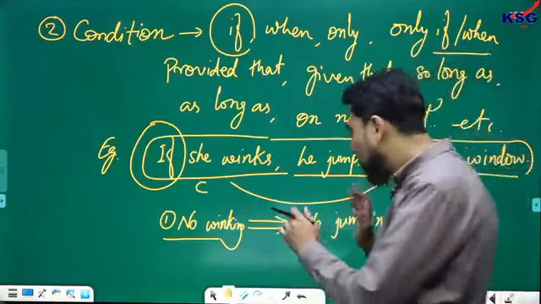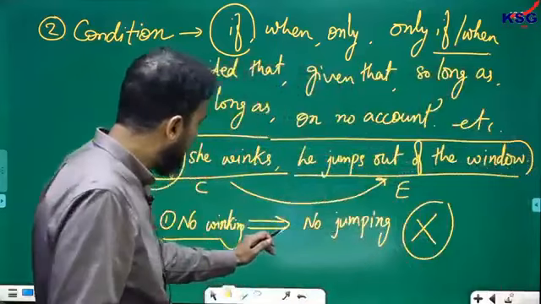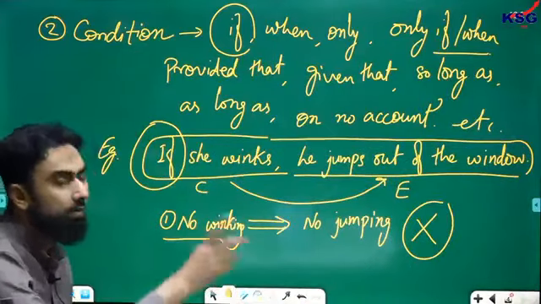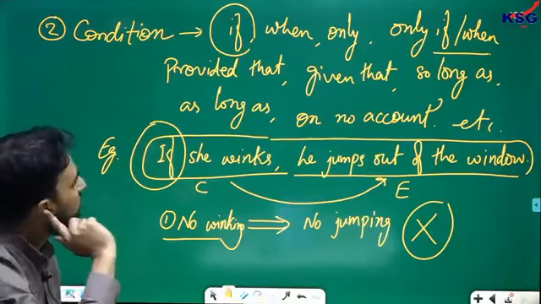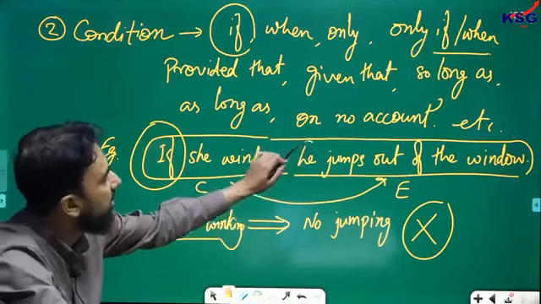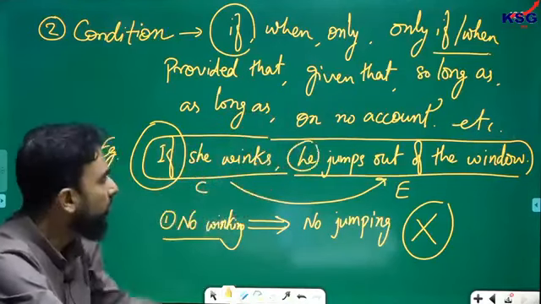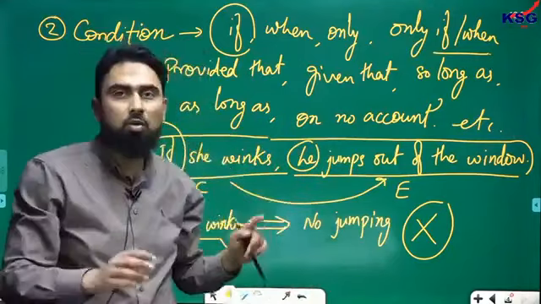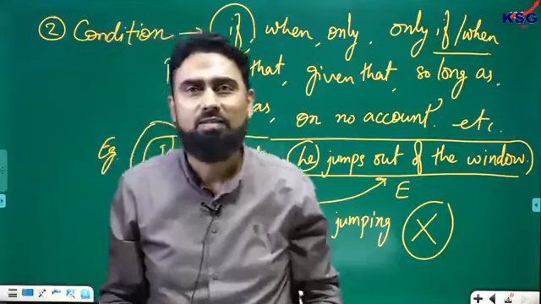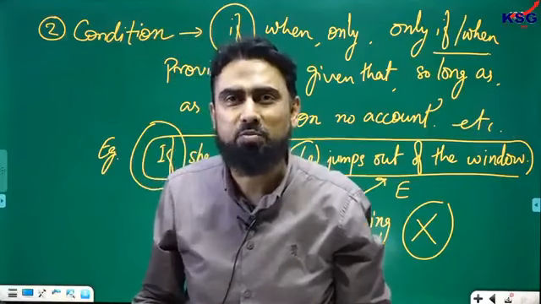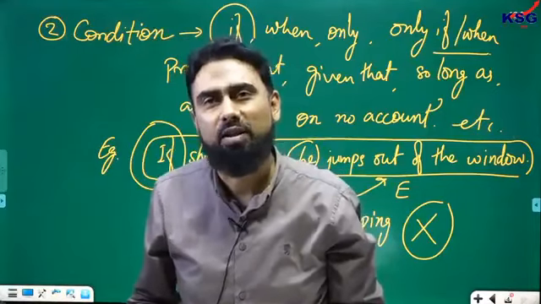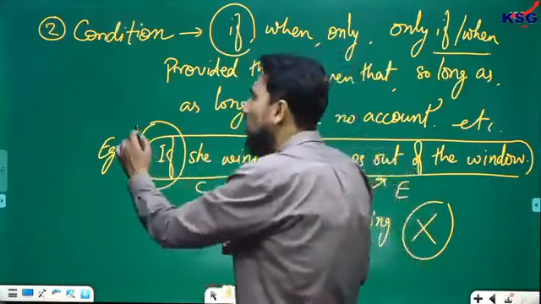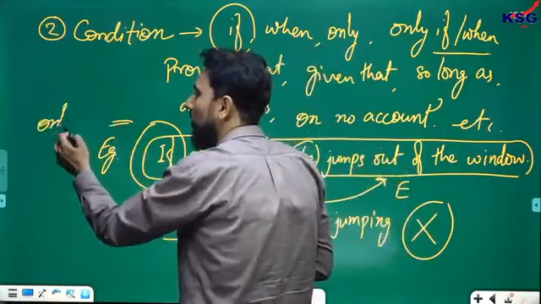All those students who have chosen this as the right conclusion have assumed one thing: that for this person to jump out of the window, winking is the only reason. There is no other cause for this person. However, that is incorrect, because the limitation of the word if is that if is not equal to only if. Now it is clear?